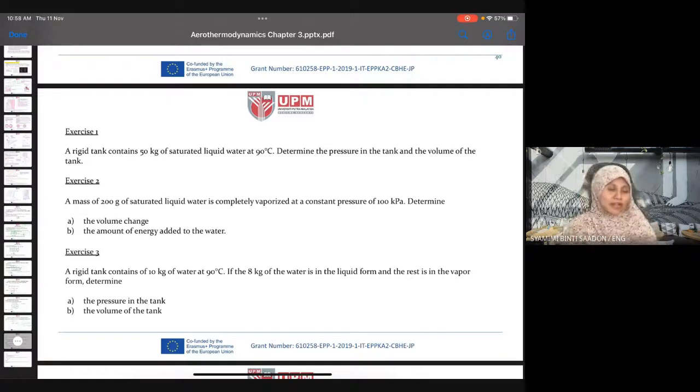So for this one, I think we have to use the table. I'm not sure if by this time you have downloaded it. Please search and download it for a moment. I have the property tables, and I will try to send them at the WhatsApp group.